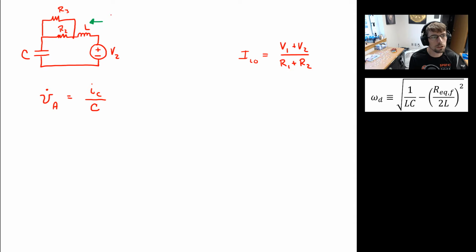That's the direction of the initial current flowing through L. And keep in mind that at time equals 0, when that switch is flipped, L, the inductor, wants to keep the current flowing the same way that it has been. For a brief instant after the switch is closed, L, the inductor, keeps the same current going in that direction.